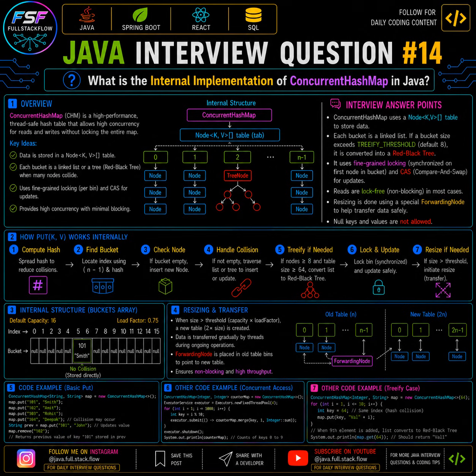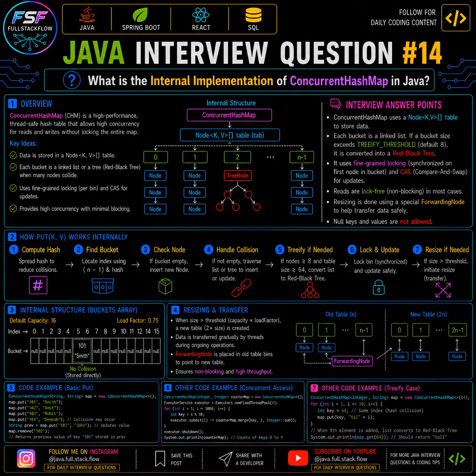Instead, it uses something called CAS. CAS means compare and swap. CAS is a CPU level atomic operation. It checks whether the bucket is still empty. If yes, the new node is inserted immediately with no locking. That's why ConcurrentHashMap performs very well.